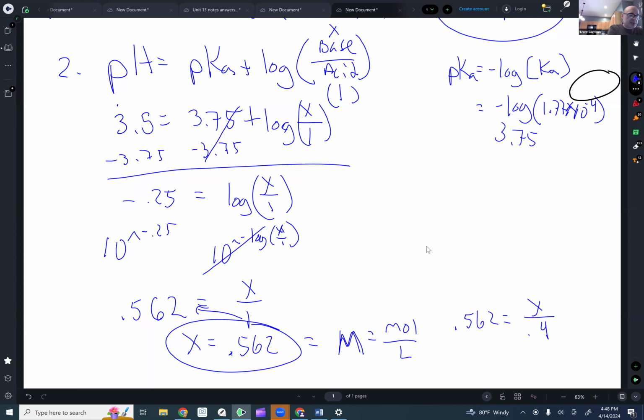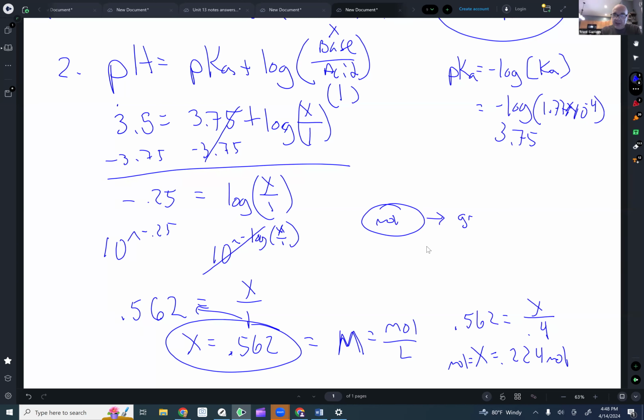So we multiply those together, 0.562 times 0.4. We get the number of moles is equal to 0.224. Okay, well, now think about the mole map.